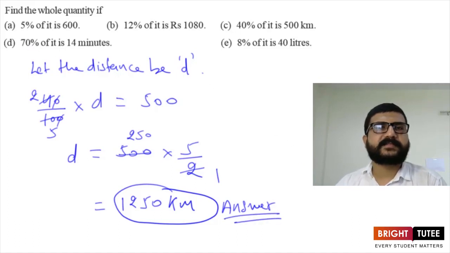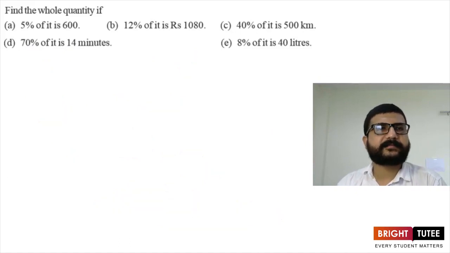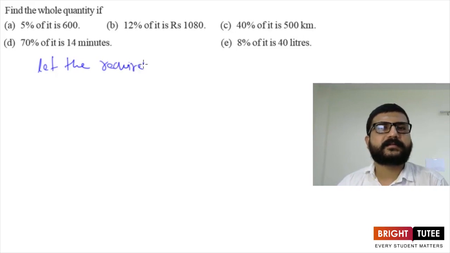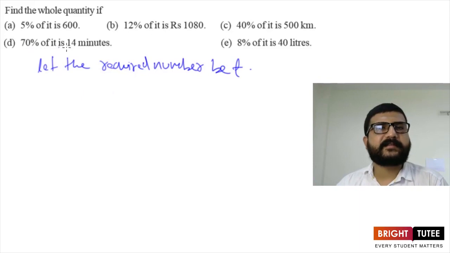Now the next one is 70% of it is 14 minutes. So let the required number be t. If the required number is t, then we are having 70% of t is 14 minutes.